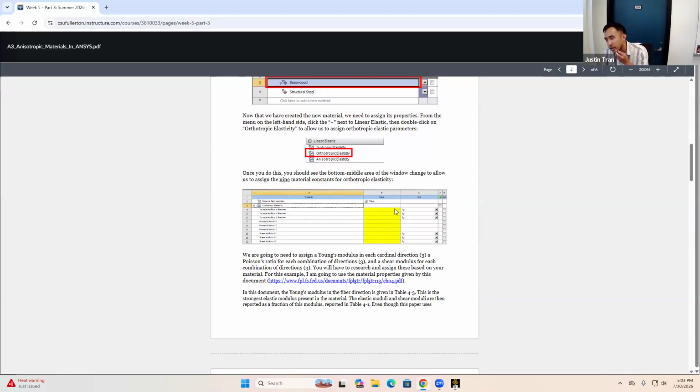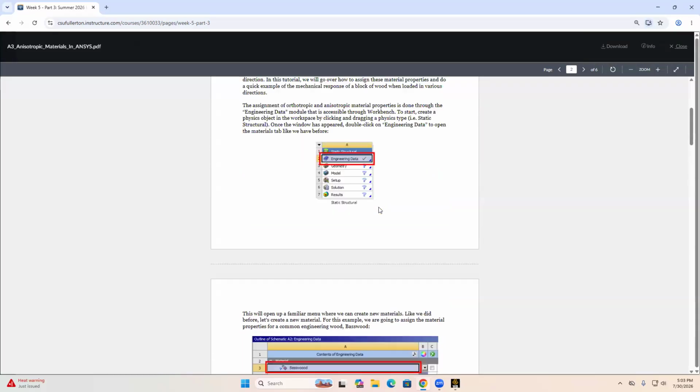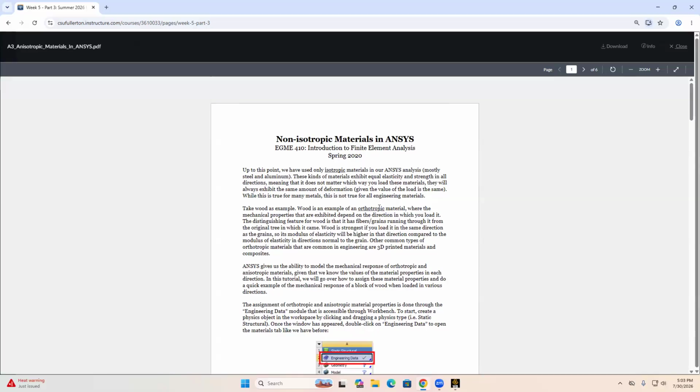We talked about material properties in the second week, so this is where you would do that. And the material properties, I'd just look for them on the website, right? Yeah, you'd have to look them up.